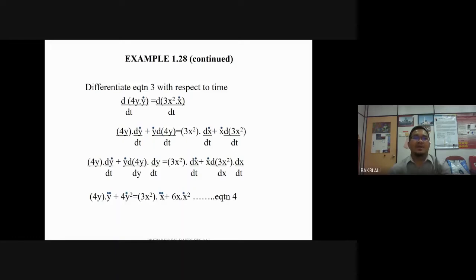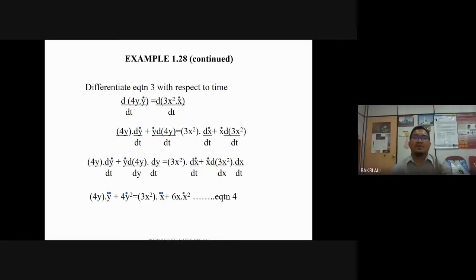Take 4y as u and differentiate dy dot over dt, plus take y dot as v and differentiate d 4y over dt.